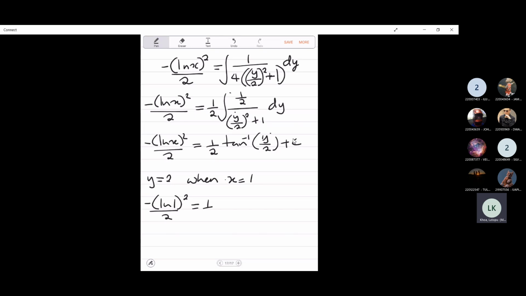This is half tan inverse of 2 over 2 plus c. So here I have 0, then this is half. Tan inverse of 1 is pi over 4.